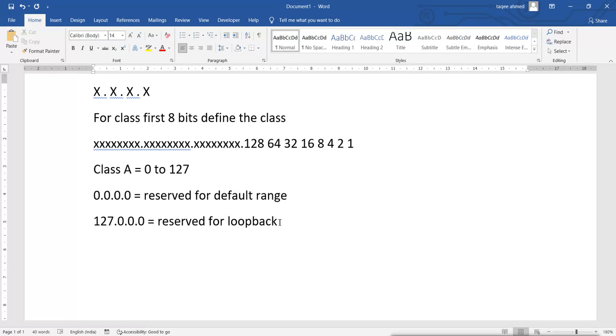Some software programmers create network programs and they don't have a network to test them. So they use these loopback IPs to test whether the network program is working properly or not, whether it is looping back and getting the data or not.